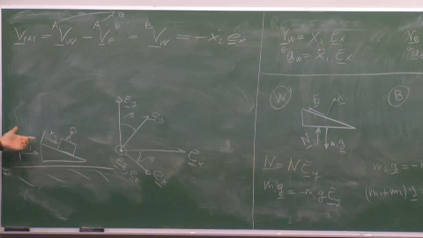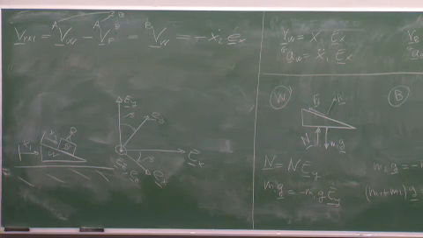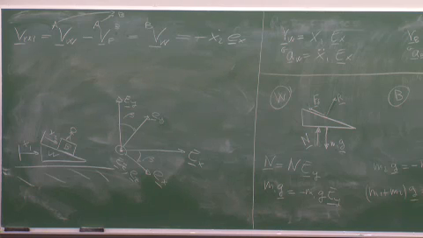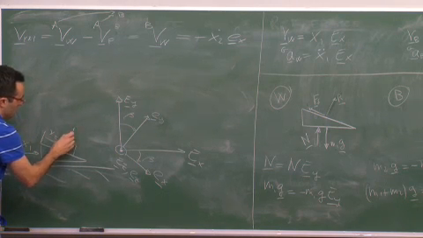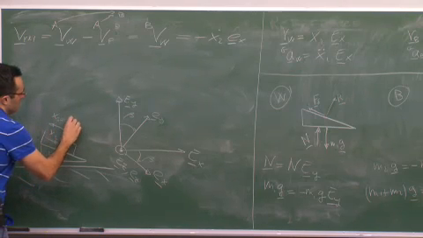If x2 is the only coordinate which is giving me the position of the block with respect to the wedge, it's also giving me the position of the wedge with respect to the block, but you just have to change sign, right? It's almost like saying, okay, if I'm sitting with the block, I'm deciding that this is my origin, and my new x, x3, is equal to minus x2.